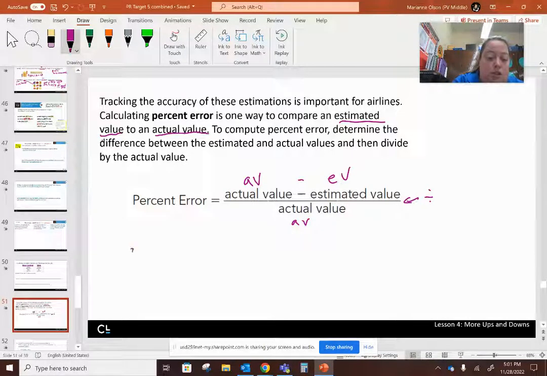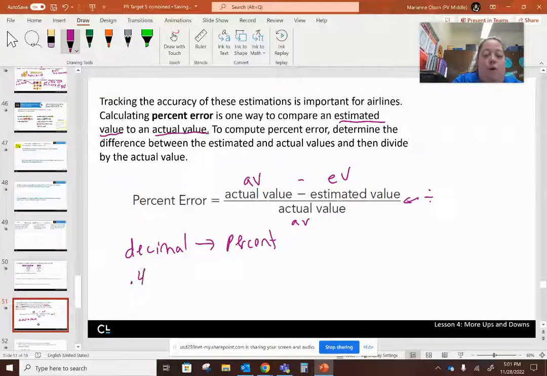So let's just review real fast. Decimal to a percent, how do I do that? So if I have a decimal, like 4.456 is what shows up on my calculator. So how do I change that to just a percent?